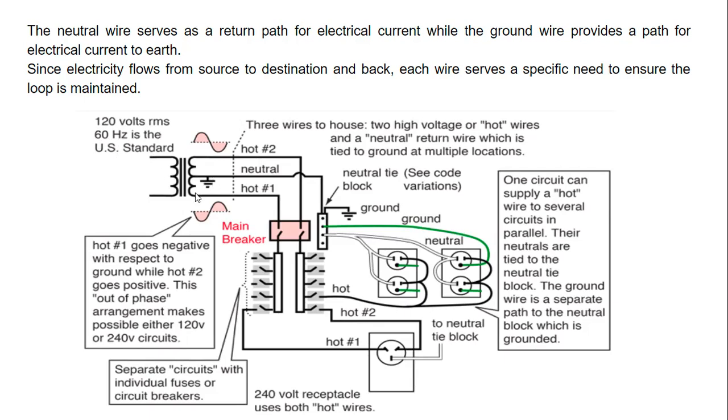The supply is coming to the home circuitry through a transformer, and then you have a neutral wire along with the hot wires, which is responsible to supply the line voltage to the home circuitry. Then these three wires are housing two high voltage level hot wires and a neutral return wire, which is tied to the ground at multiple locations.